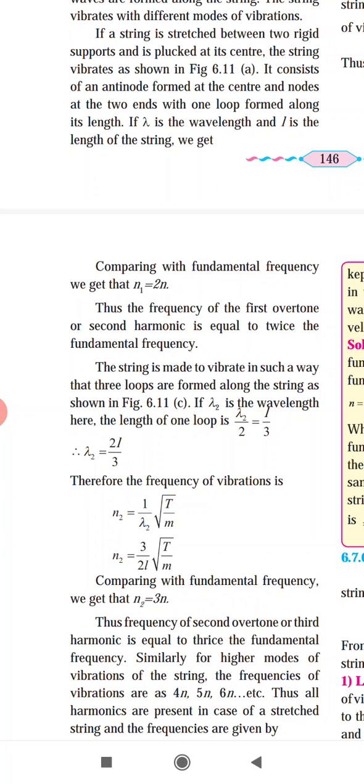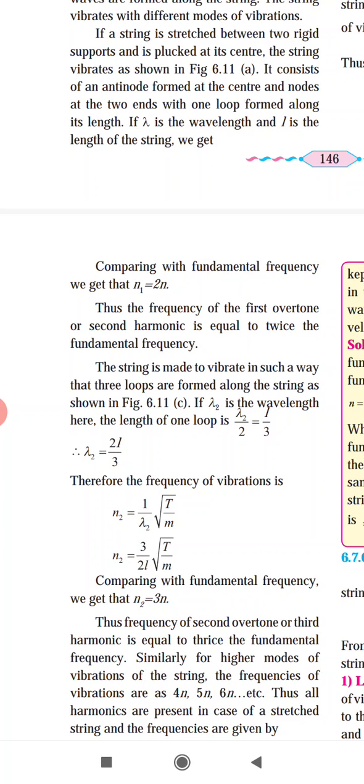So lambda 2 is equal to 2L upon 3. So the frequency of vibration is N2 equal to 1 upon lambda 2 into root of T upon m. So N2 will be equal to 3 upon 2L into root of T upon m.